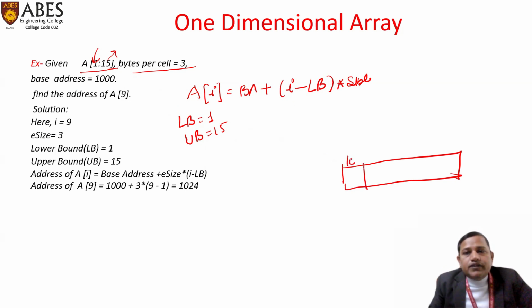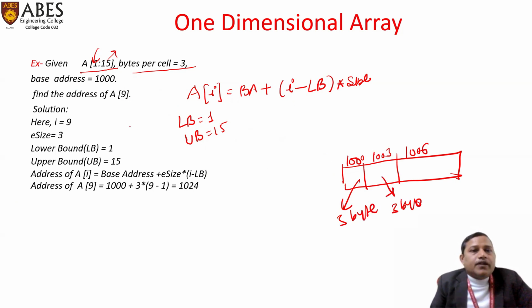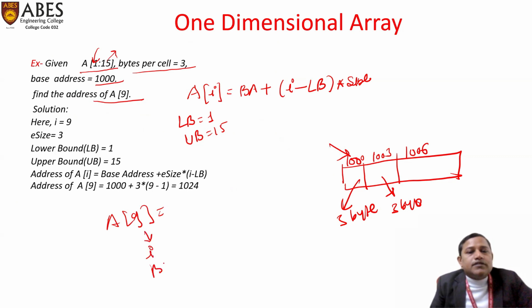Meaning if the base address is 1000, the next address is 1003, and similarly in contiguous memory the next is 1006. The meaning of 3 bytes per cell is that the size of one cell is 3 bytes, and the base address 1000 is the address of the first location. Here we have to find A[9]. What is the meaning of A[9]? Here I is 9 and base address is 1000.